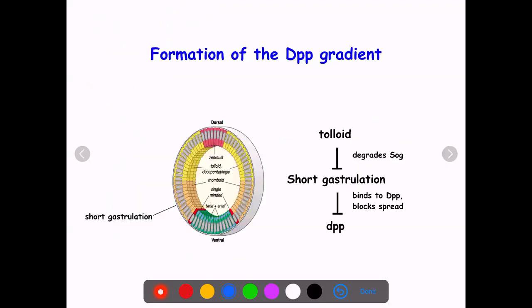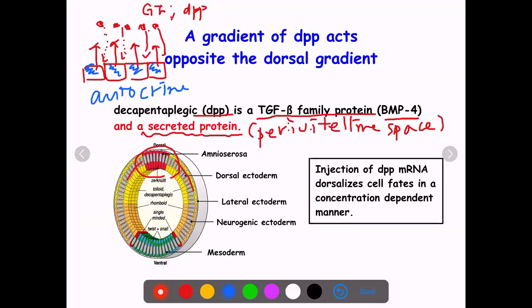Okay, so the problem is, let me go back. They are produced in the perivitelline space. So this is also the same problem. This is the space, and that is all the way connected to the ventral side.